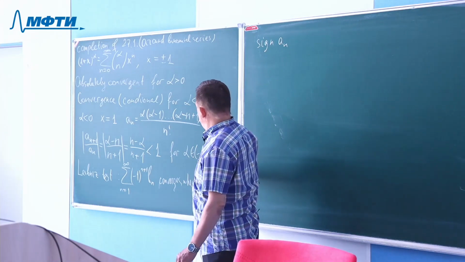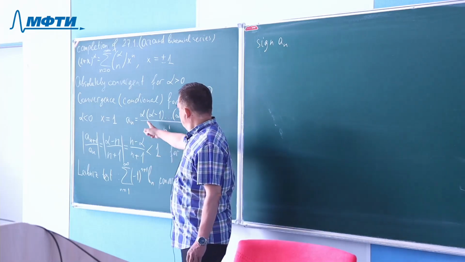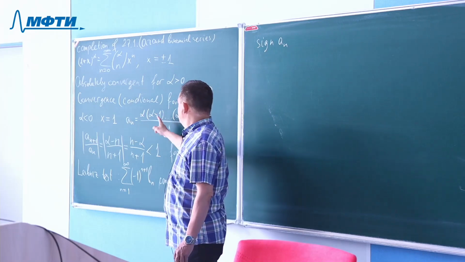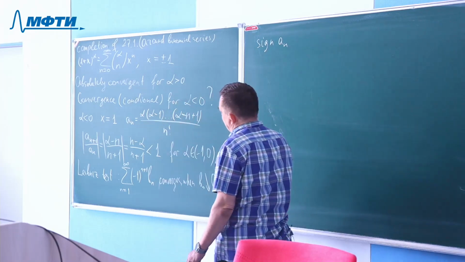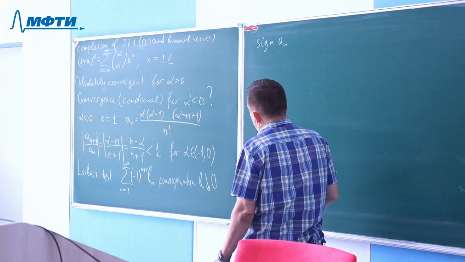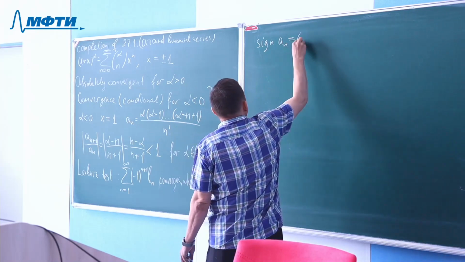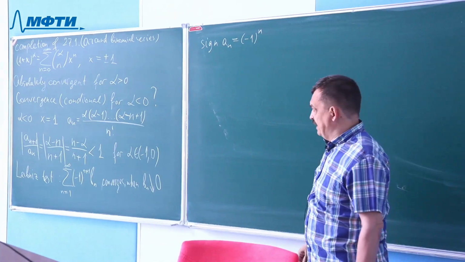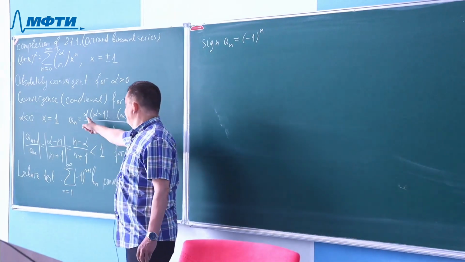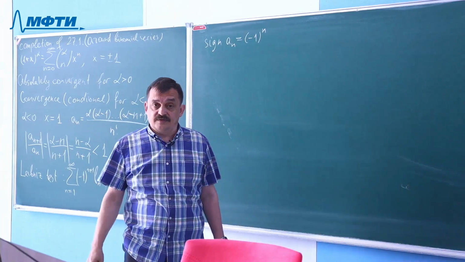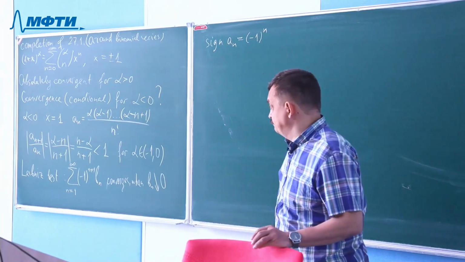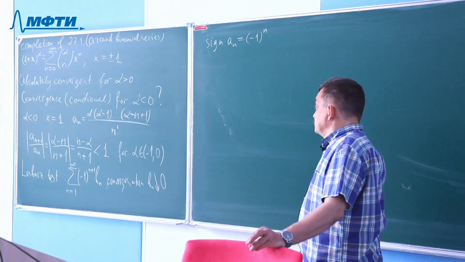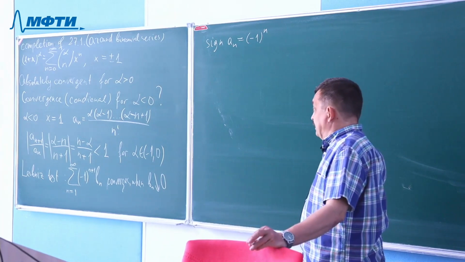If alpha is between -1 and 0, every term in the product is negative. So we have n negative terms, so we obtain the sign equal to -1 to the power n.